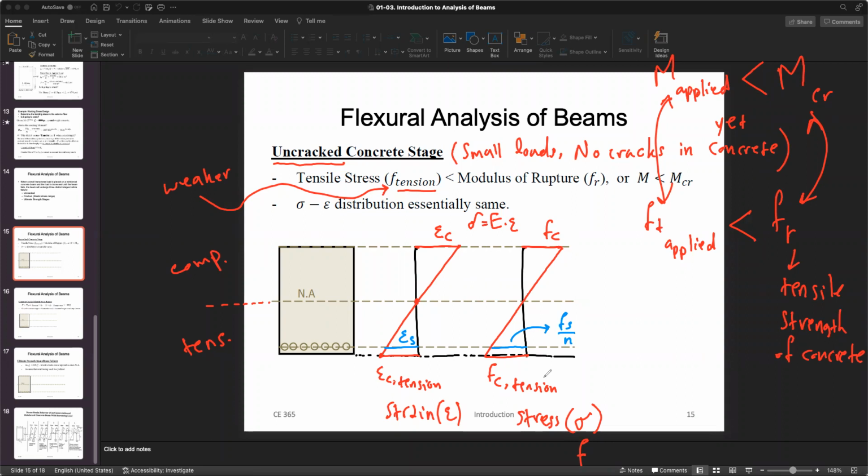Because for the steel, you know from mechanics of materials, when we have two different materials, we need to multiply the final answer by the modular ratio.